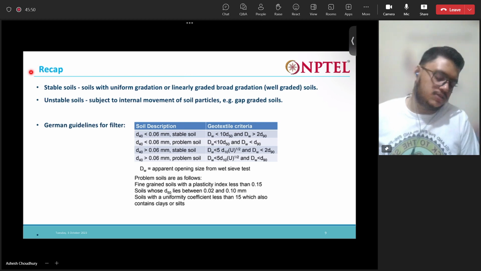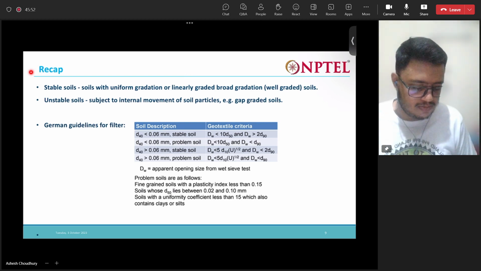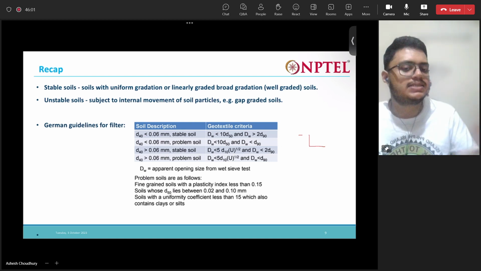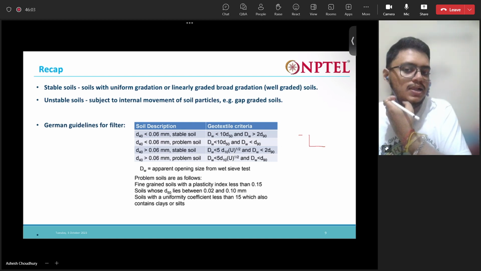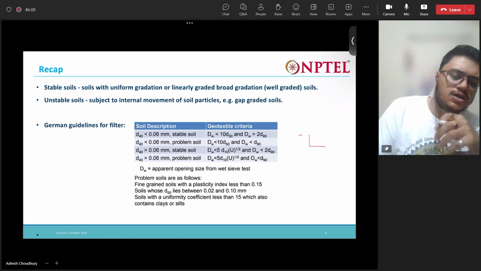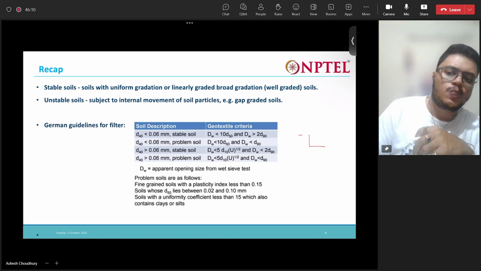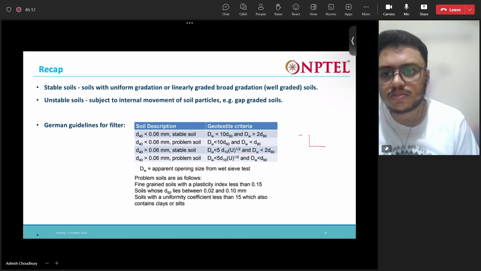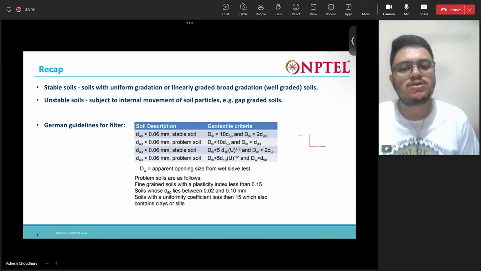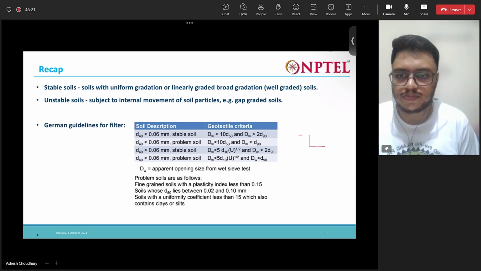So these are gap graded soils because many particle sizes are missing in the soil. In that case, there is no free internal movement of the soil. So stable soils are well graded or uniformly graded soils, unstable soils are gap graded soils.